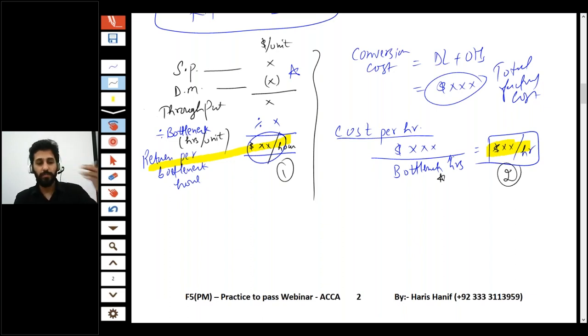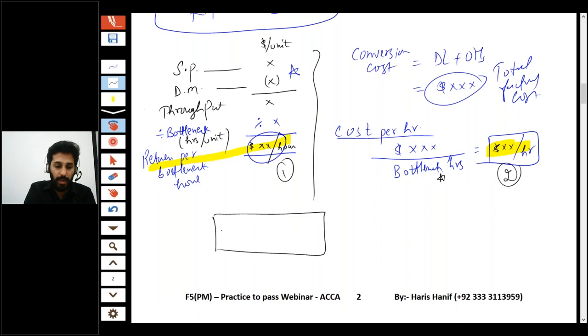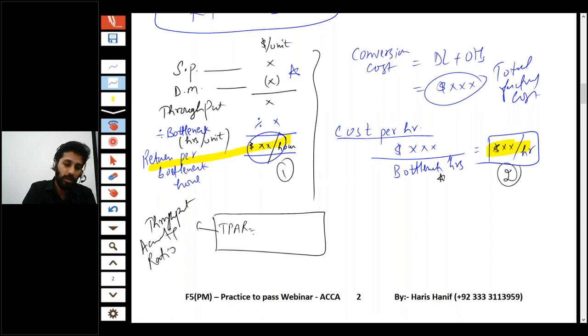So you will have return per bottleneck hour, you will have cost per bottleneck hour, and you need to calculate TPAR. TPAR stands for throughput accounting ratio. That is actually the return upon conversion cost per hour.